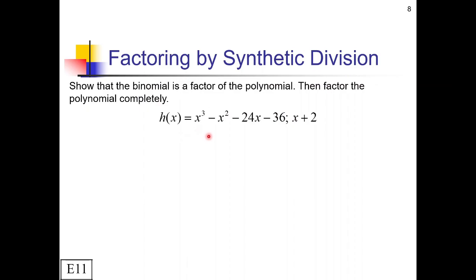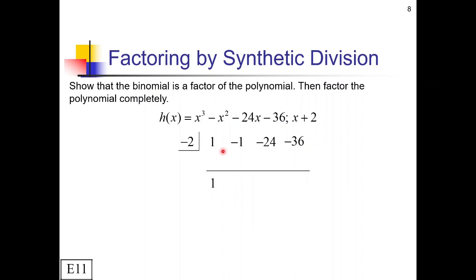All right, well, let's see how that went. So using a little synthetic division, we've got 1 for the first coefficient on x cubed, followed by a negative 1 for the negative x squared, and then negative 24 and negative 36. Our k value that zeroes out our binomial is going to be negative 2. Let's draw our line for our synthetic division. Bringing down my first coefficient, we've got a 1 down here.